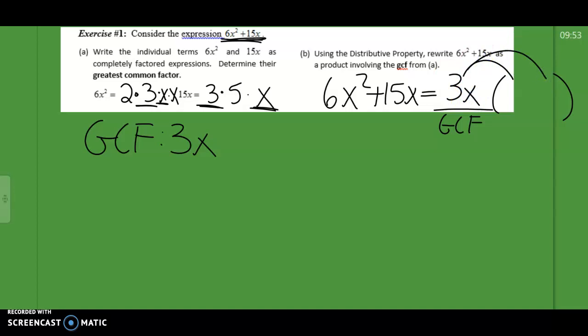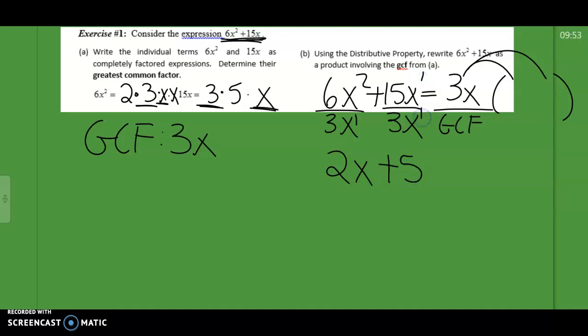But what was in the parentheses to start? Well, if distribution is multiplication, I can use division to undo that multiplication. So divide by 3x, divide by the GCF, and you're going to end up with 2 here. Remember, our exponent rules when we're dividing is to subtract. So 2 minus 1 is simply 1x. 15 divided by 3 is 5.